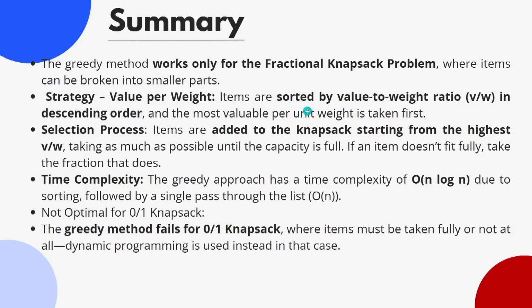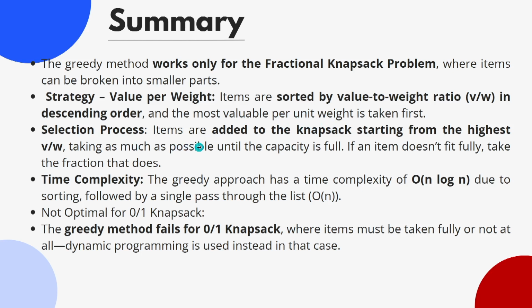And here, before we start this approach, we sort all the items according to their value to weight ratio in decreasing order, and we choose the item with the most valuable weight ratio.